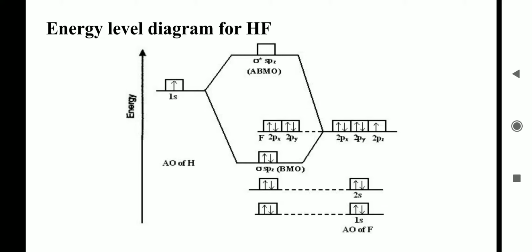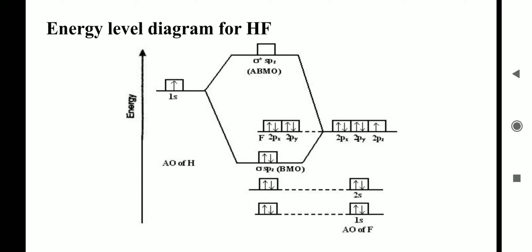Now we have to fill the two electrons in these molecular orbitals, and both electrons, that is 1s1 and 2pz1, will go into the sigma s-pz orbital.